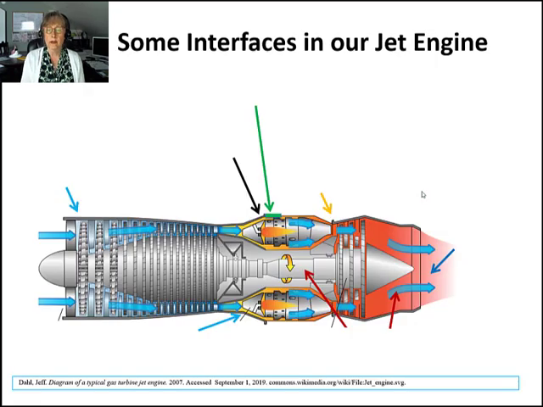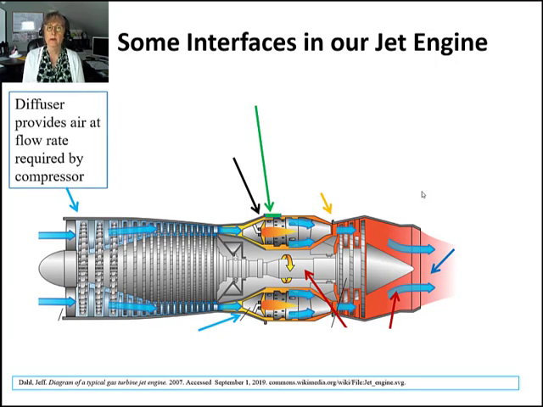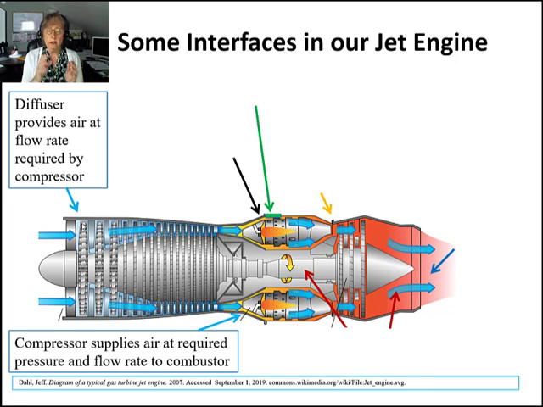Let's get to my old friend, the jet engine here, and let's look at the interface points there. The first one is this diffuser. Its interface to the compressor is such that it must pass air at a required flow rate to that compressor. The compressor must supply air at a required pressure and flow rate and also density to the combustor for proper combustion.